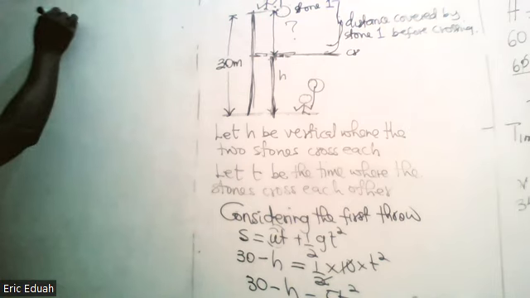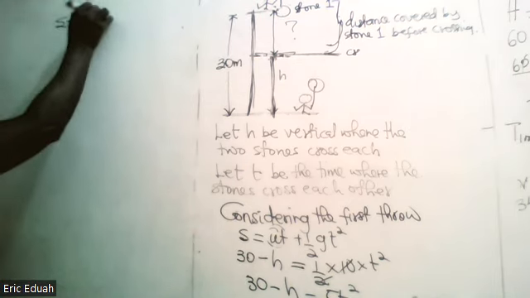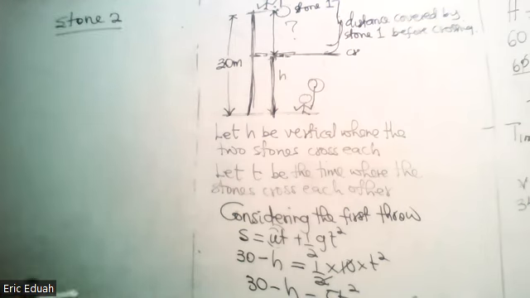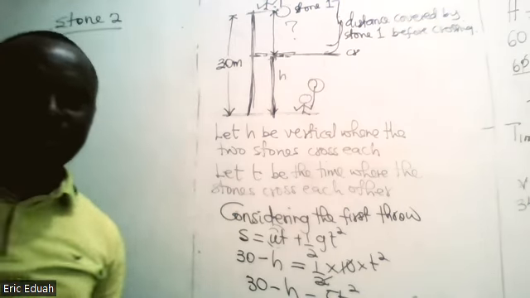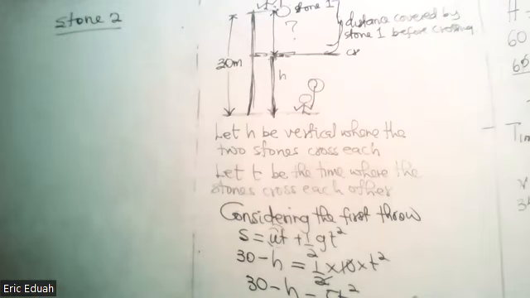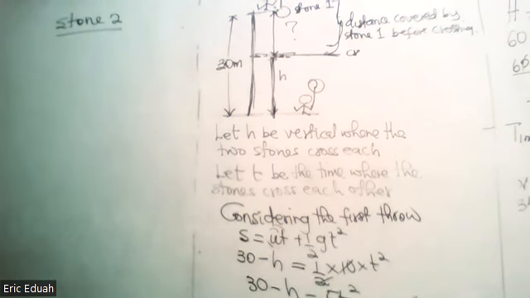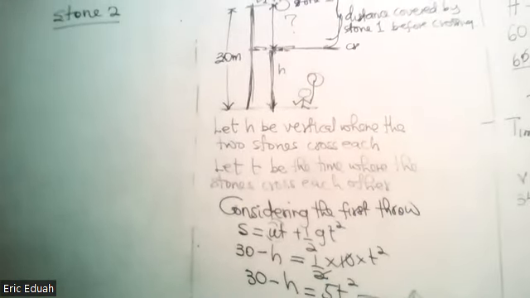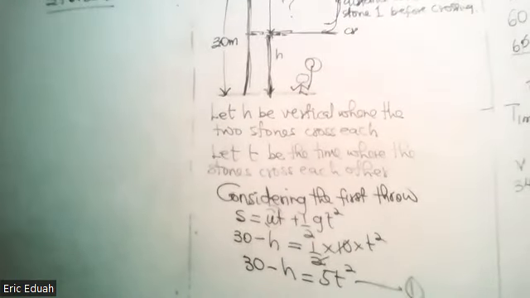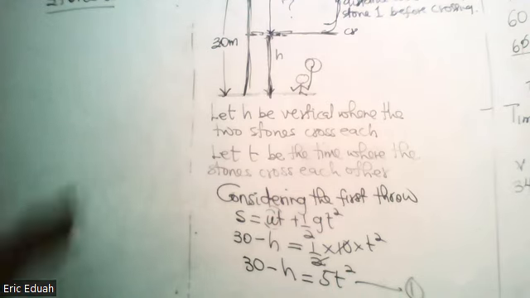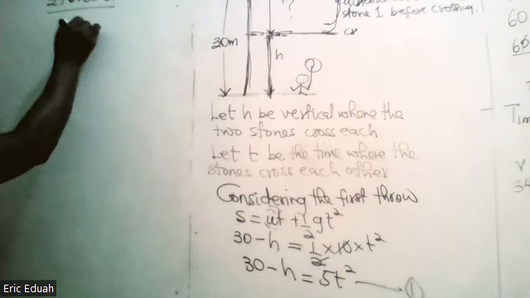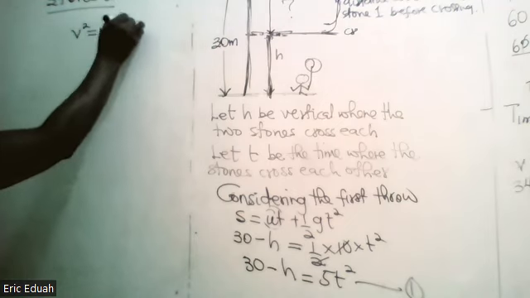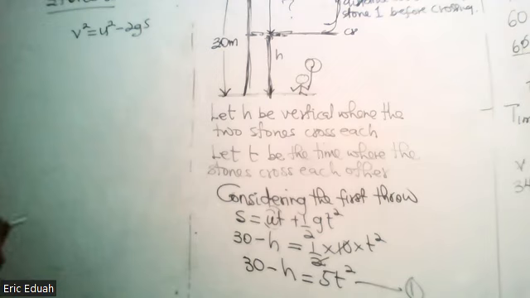Juvial, can we use v squared is equal to u squared minus 2gs? You are suggesting we use v squared is equal to u squared minus 2gs. Okay, so what becomes v and u?